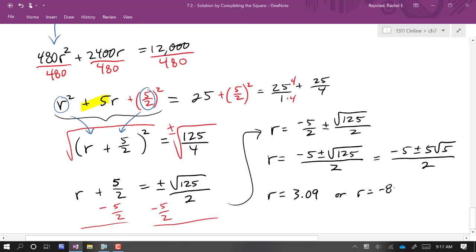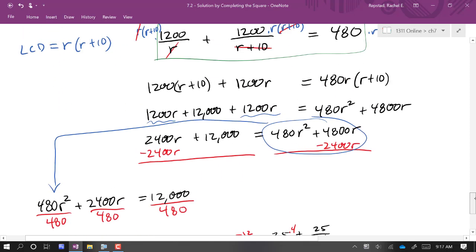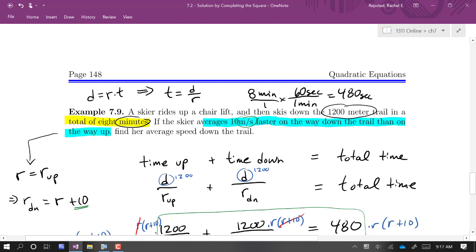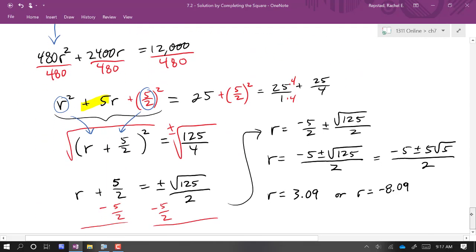Now when you think about this, these numbers are solutions to this equation, but they're supposed to be solutions to this problem. So the skier is going up the chairlift and then skiing down, right? And r represents the rate going up. So the rate going up is not going to be a negative value.